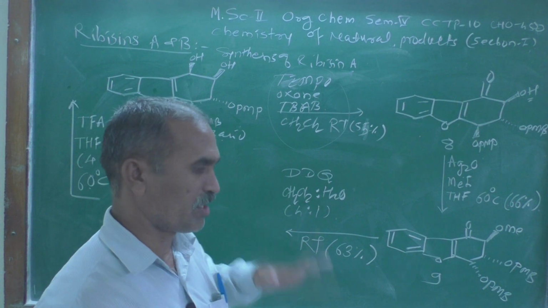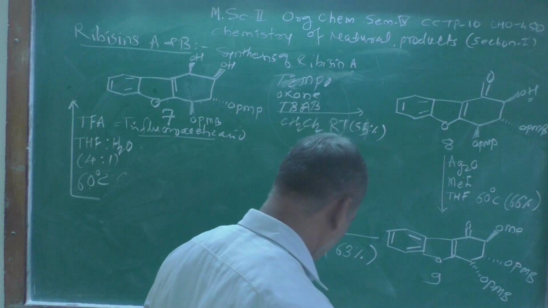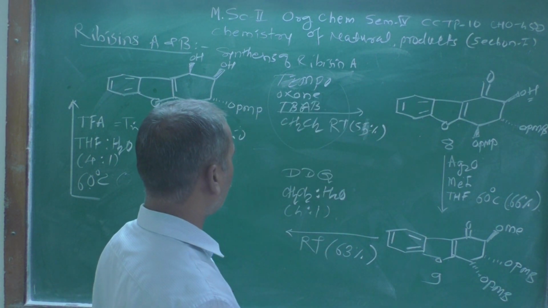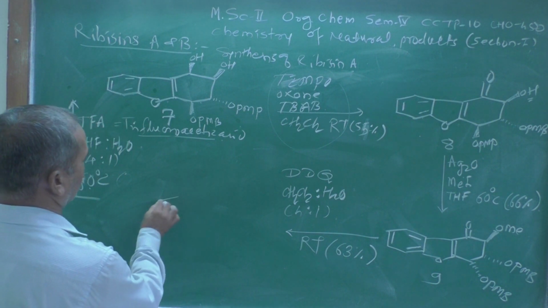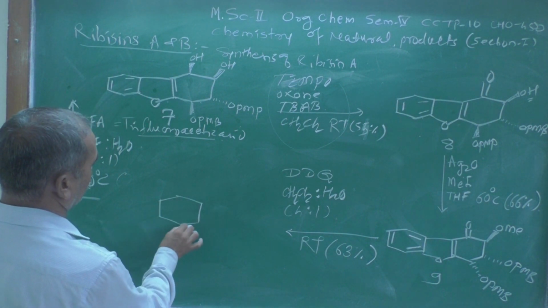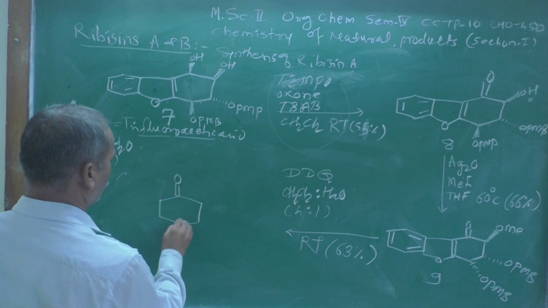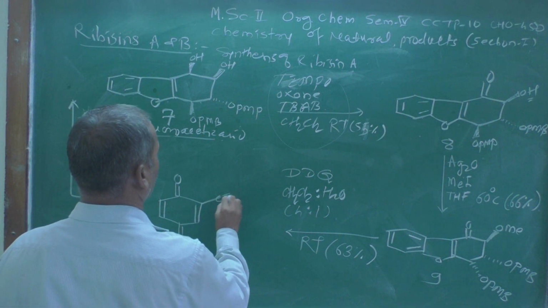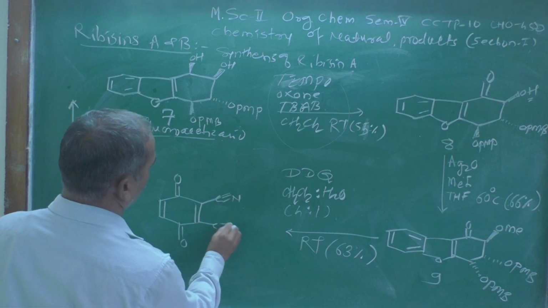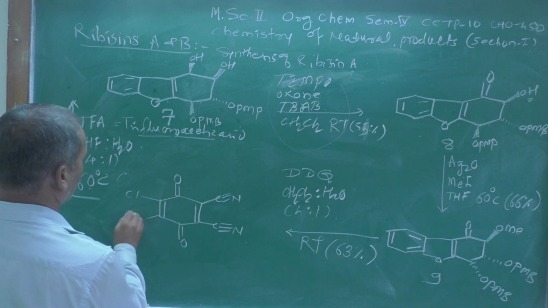And DDQ, as we know the full form of DDQ, let's see the structure first. The structure of DDQ will be this one. Remember, this is a structure with C triple bond N, then C triple bond N, and here is a Cl, here also a Cl.